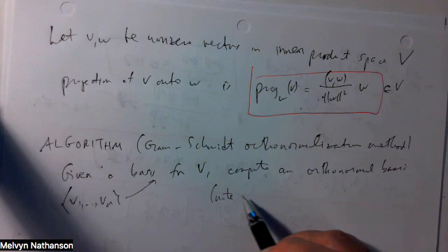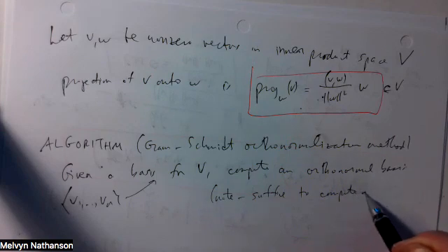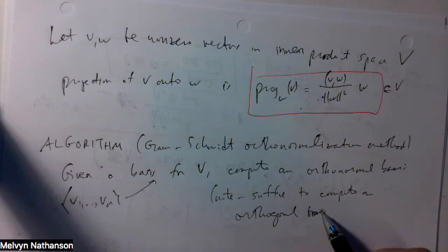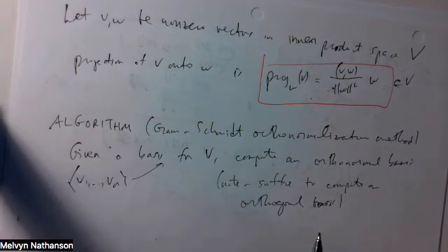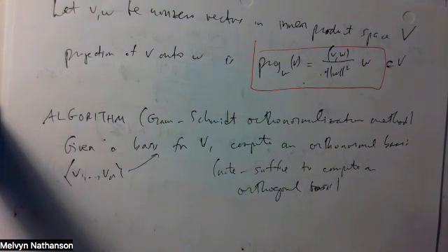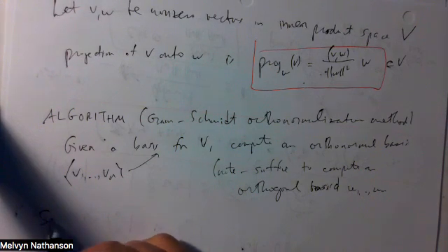And let me just note, it suffices to compute an orthogonal basis, because once you have an orthogonal basis, just divide each vector by its length, and you have an orthonormal basis. Or I can do it all at once. I think I did it all at once in my notes, so maybe that's what I'll follow. W1 up to Wn.